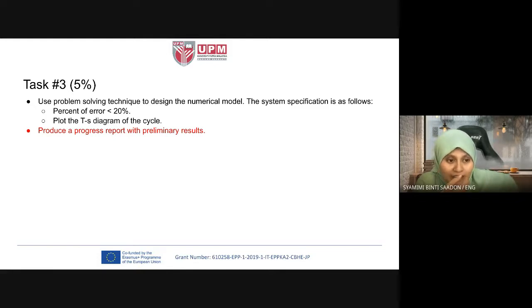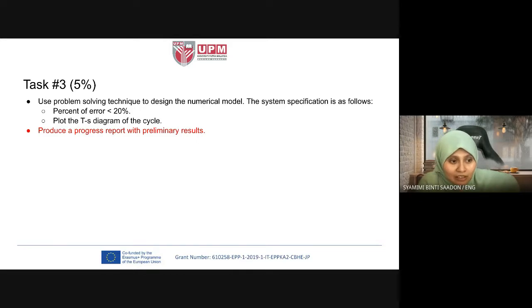I give here around 20%, but if you get less than 20% is better, less than 10% is okay. It means that you compare the result from your numerical model with the literature review, the baseline reference. Try to reduce the error as much as possible. Sometimes you have to do the loop, you have to run it several times.